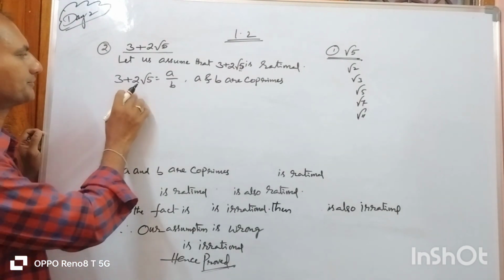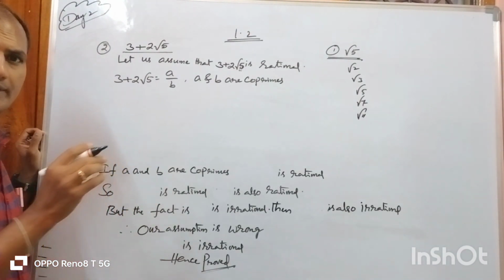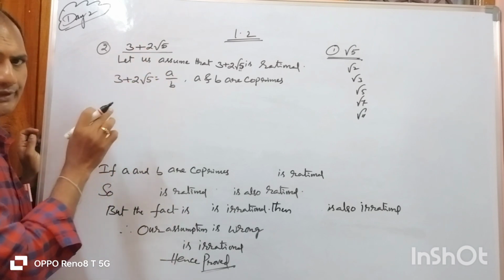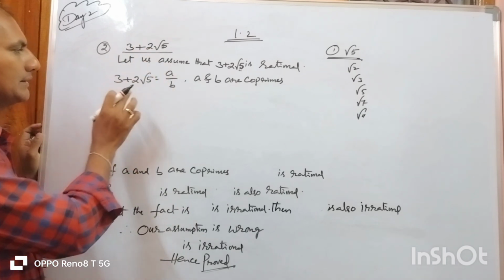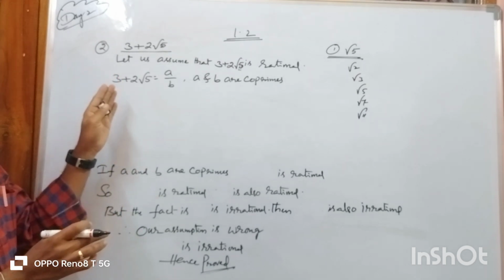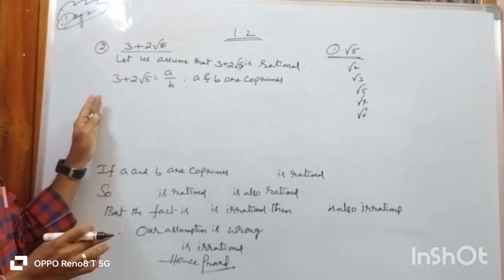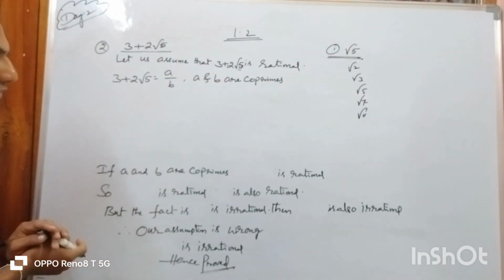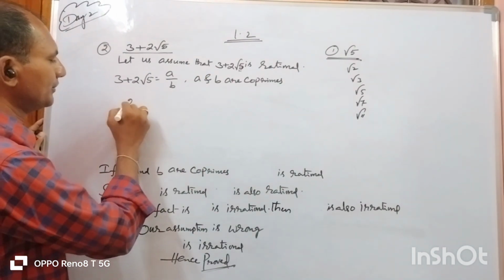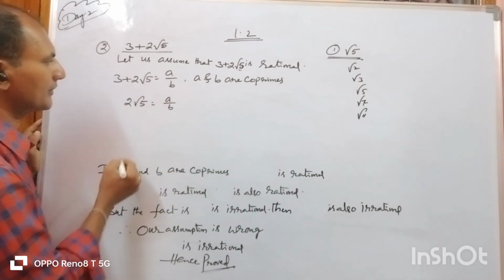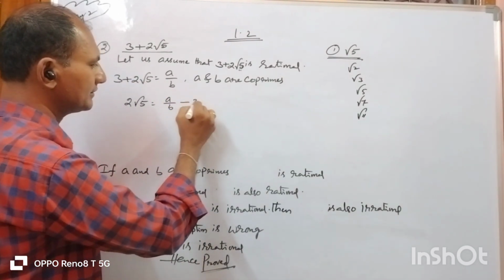Next, any problem in which we have to prove irrational, just keep whichever term has roots on the left side only. Whatever remains, just send it to the right side. So 2 root 5 equals a by b, plus 3 comes this side, so this is minus 3.